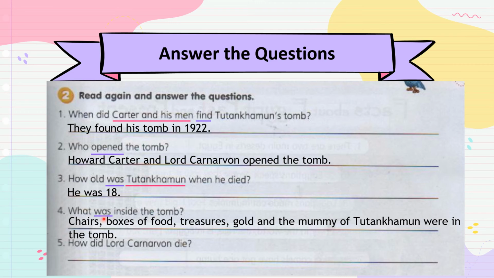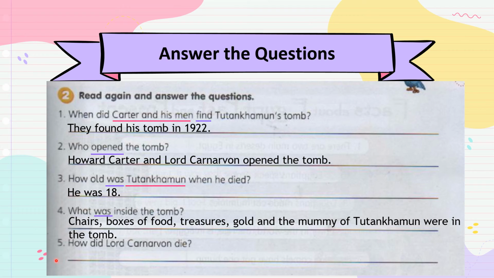Tapi was kita gunakan sebab tak tahu ada apa, ada berapa, ada satu je ke barang atau ada lebih. So, bila kat dalam tomb tu ada banyak barang, ada banyak benda, so kita akan guna were. Present simple dia are. Is, are, am kan? Tapi kalau untuk past simple kita guna were. Okay, so this is the answer.